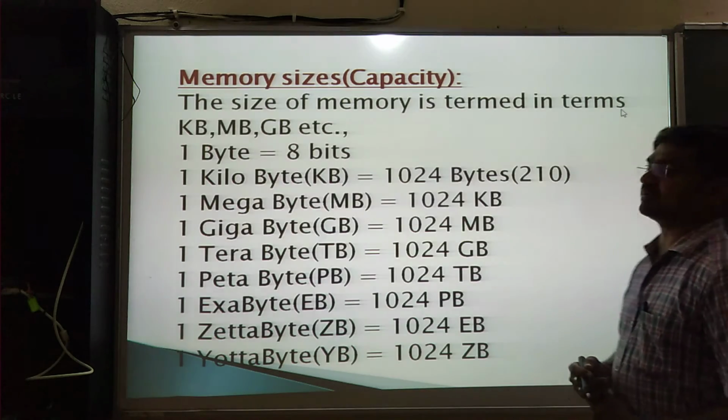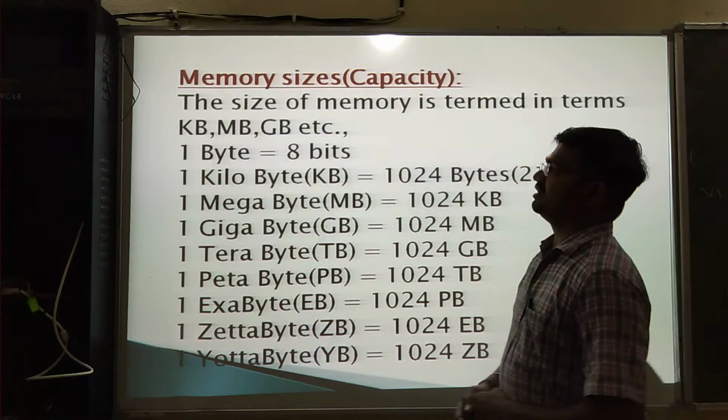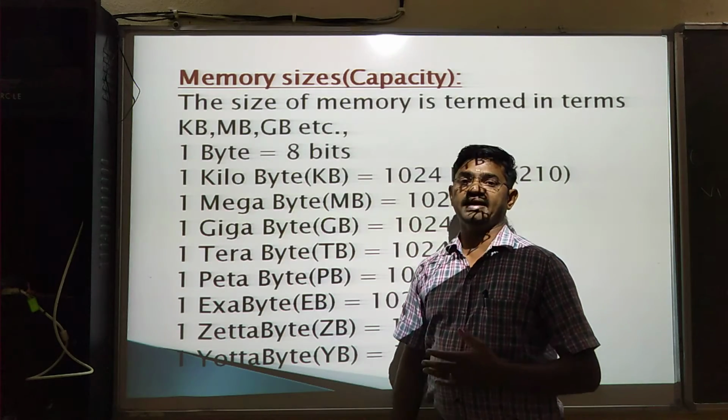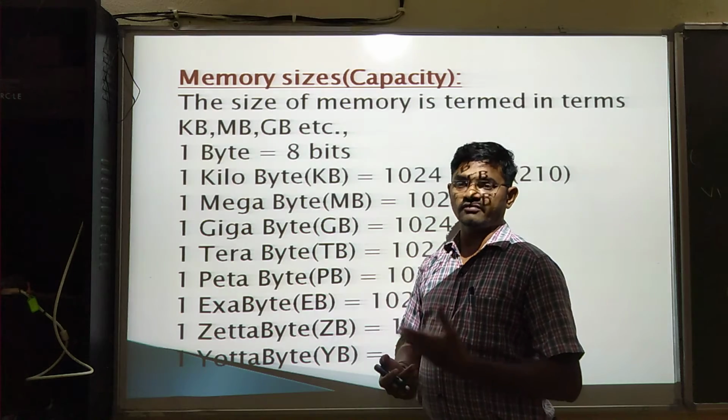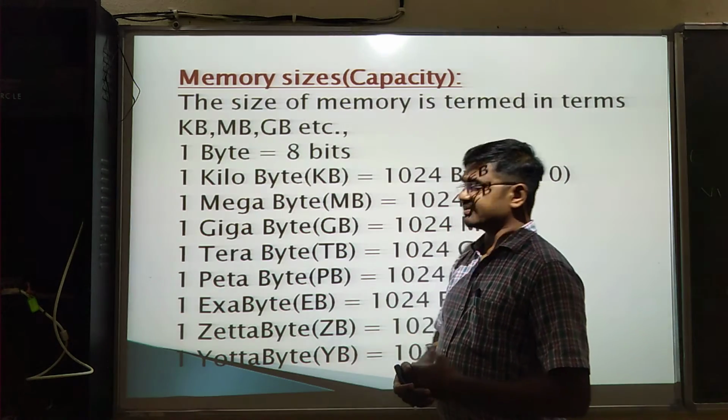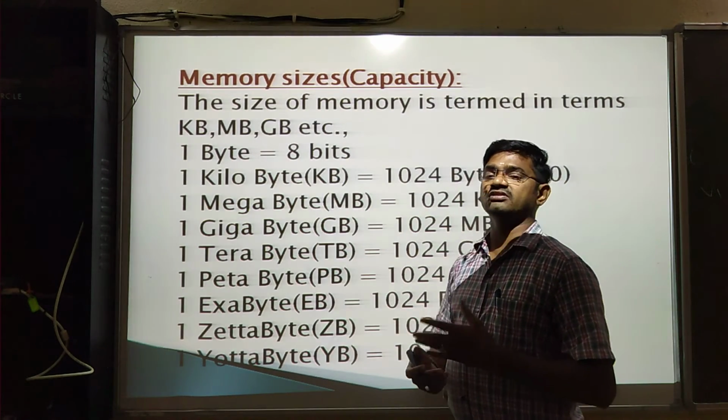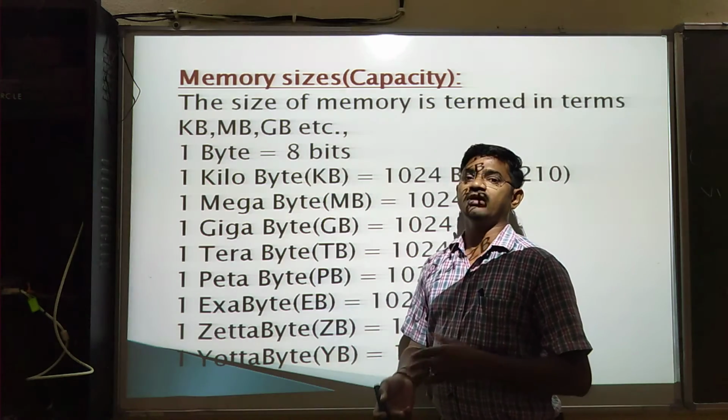There are many memory sizes and capacities in computers. Nowadays we use electronic devices like phones, mobiles and laptops, and every system has some space for storing programs or data.